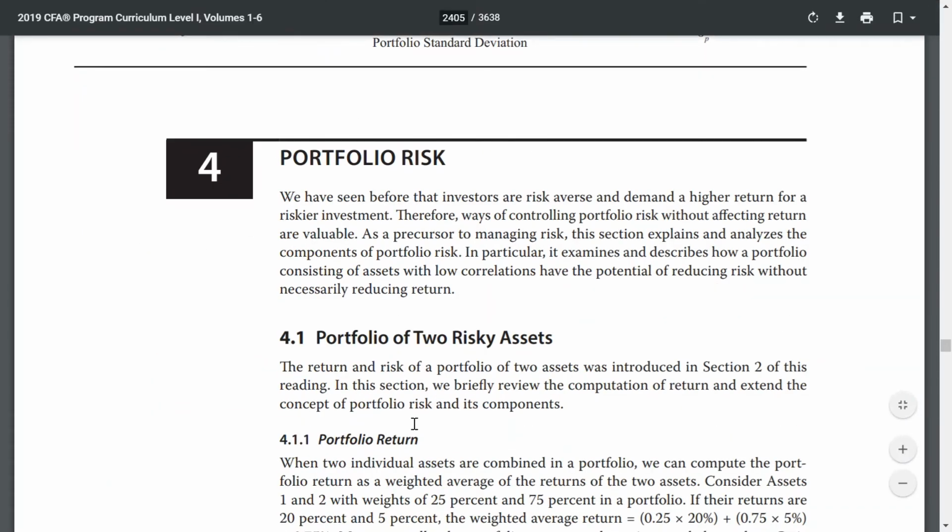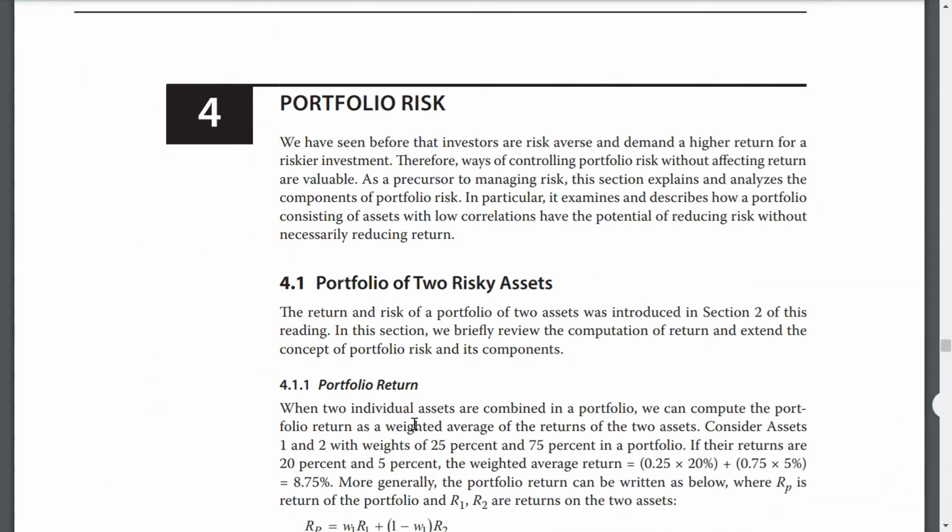Portfolio risk. We have seen before that investors are risk averse and demand a higher return for a riskier investment. There are ways of controlling portfolio risk without affecting returns that are valuable.